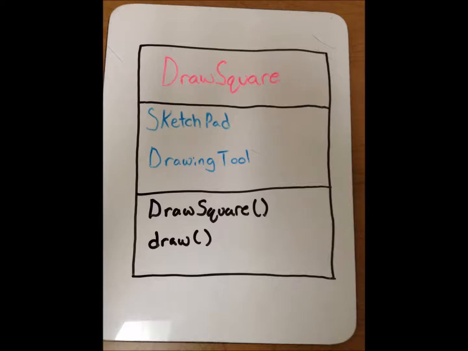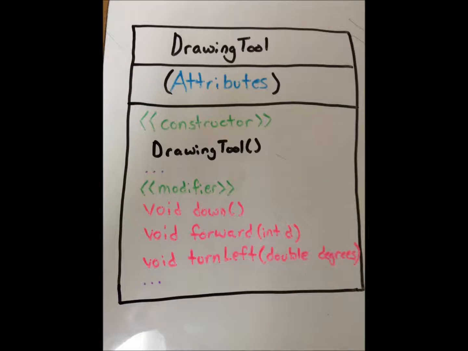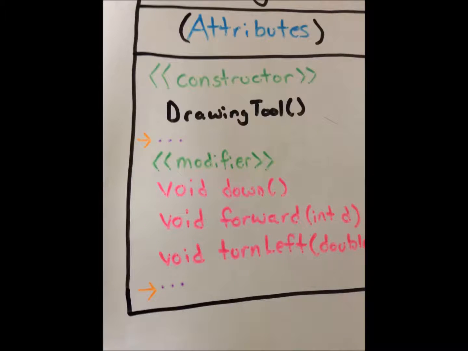This is the class diagram for that class. This figure illustrates a couple of new notations that are typical for class diagrams. The ellipsis shown within the class diagram indicates that a list of methods is incomplete. There are more methods in the DrawingTool class that are not shown because they're not relevant right now.